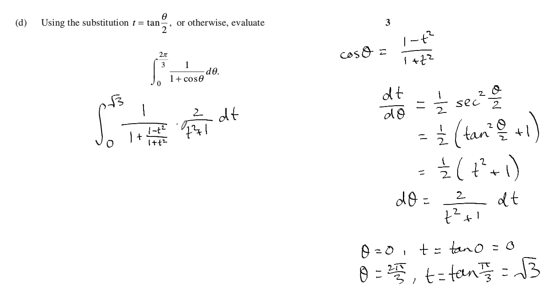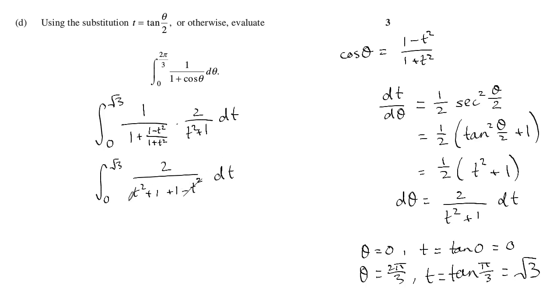This is actually going to make the denominator much simpler when we multiply that, because that'll cancel with this. So that times the 1 makes t squared plus 1, and then you've got this times that. Those just cancel, and you get 1 minus t squared.